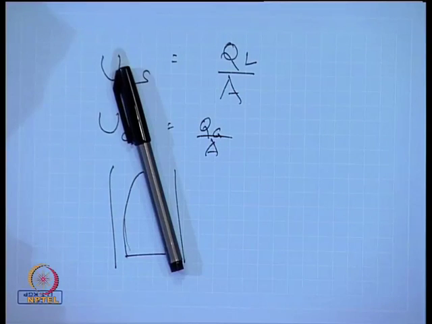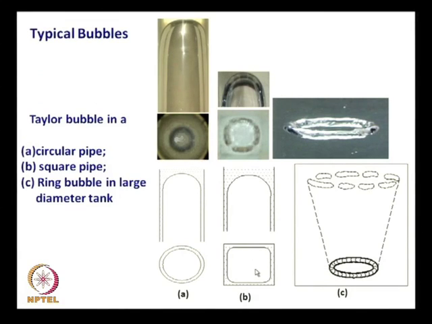In a rectangular or square channel, it has rounded edges but a squarish shape. Interestingly, when the same volume of bubble rises through a rectangular or square channel of more or less the same dimension, we find that the Taylor bubble in a square channel rises faster as compared to a circular tube.